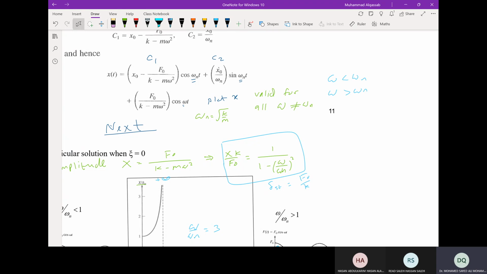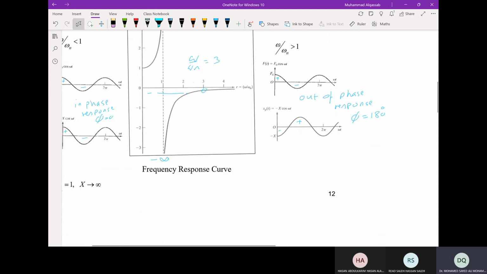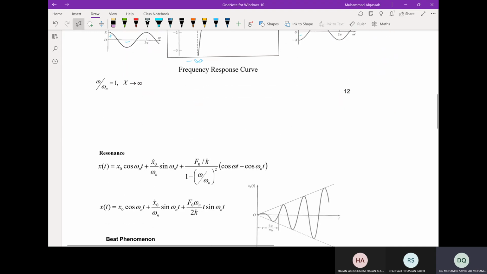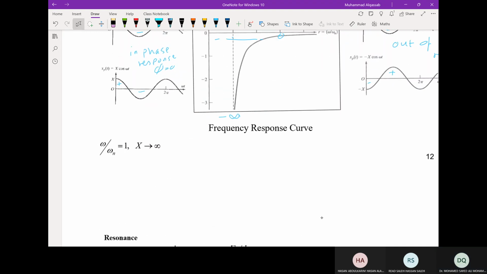If you have all the parameters, you can make a plot of this equation to show the total response. But when omega equals omega n, the ratio is 1, and we will have division by 0. The amplitude ratio will go to infinity, or x will go to infinity, which is the resonance.